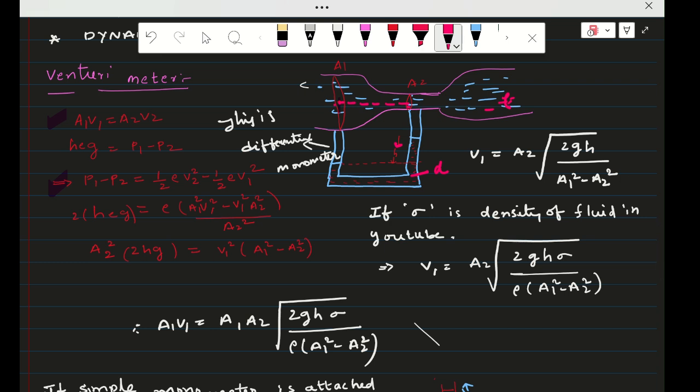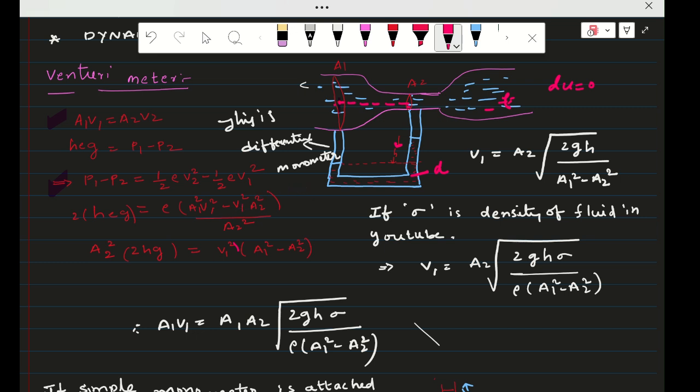Now apply these equations. The difference in pressure energy P1 minus P2 is equal to the difference in kinetic energy. The change in potential energy is equal to 0 here, because I consider the two points on a horizontal line only. Right. So the 2 comes to this side: 2 into h rho g is equal to rho into V2 square minus V1 square. So you know very clearly, here I want to find V2 or V1. That is your wish.